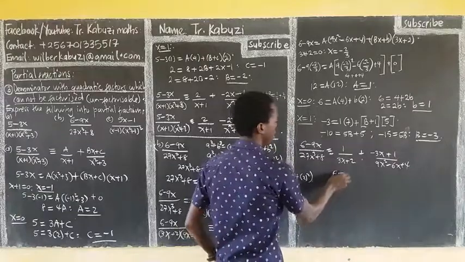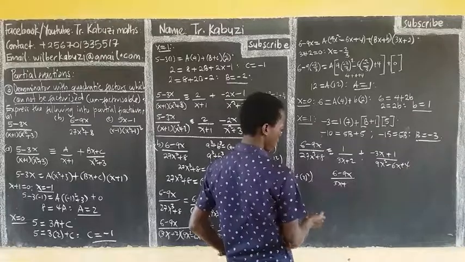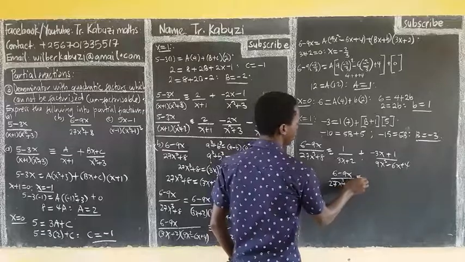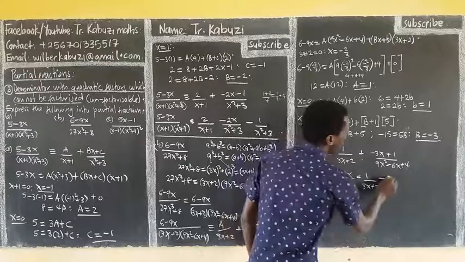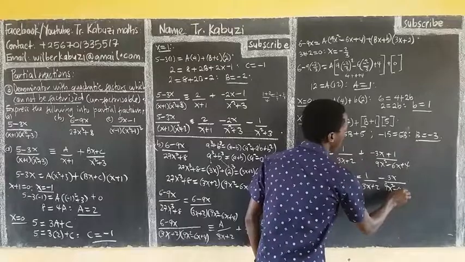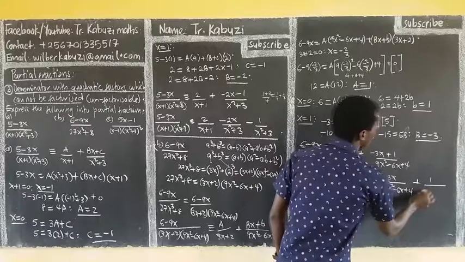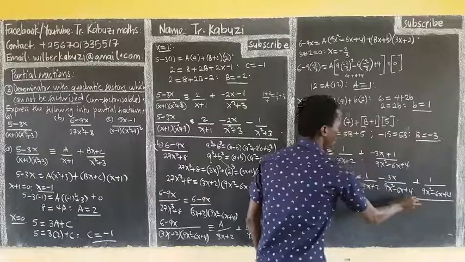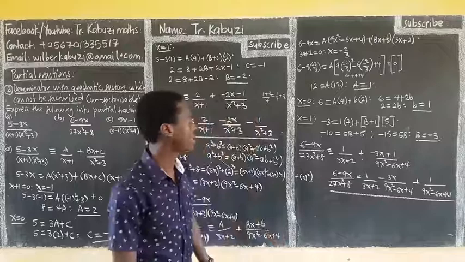So now our expression is 1 over 3x plus 2, minus 3x over 9x squared minus 6x plus 4, then plus 1 over 9x squared minus 6x plus 4. And we shall see how we integrate these ones with unfactorizable denominators.